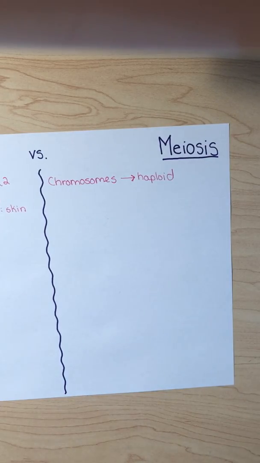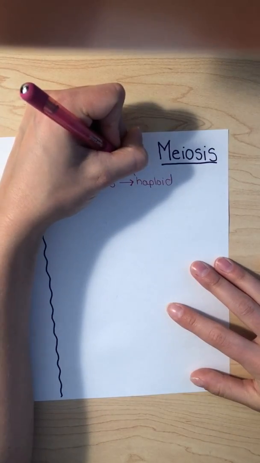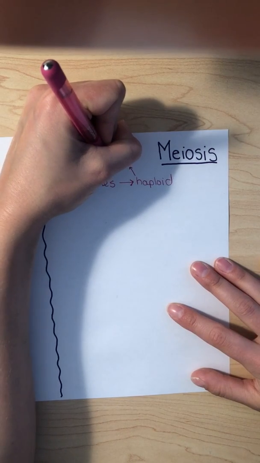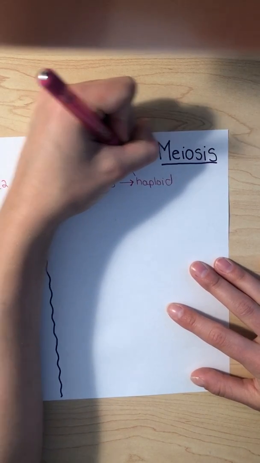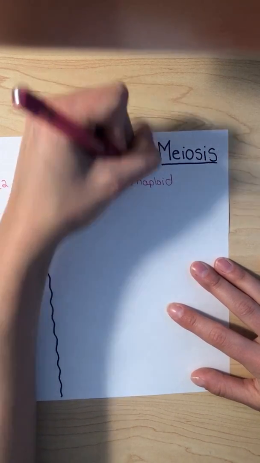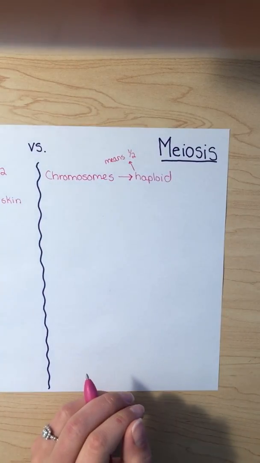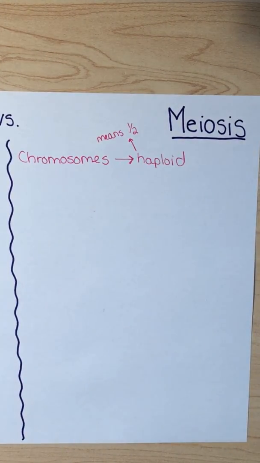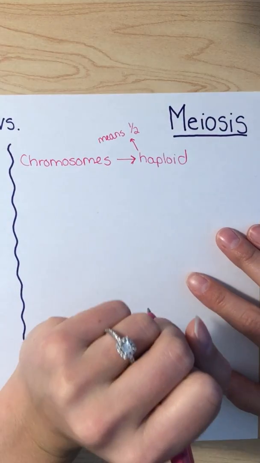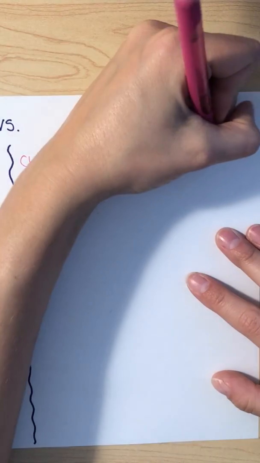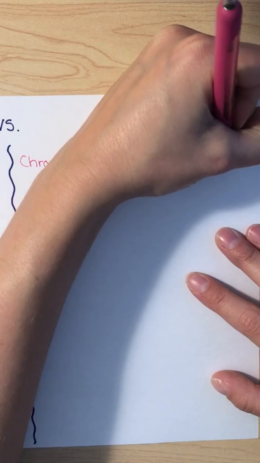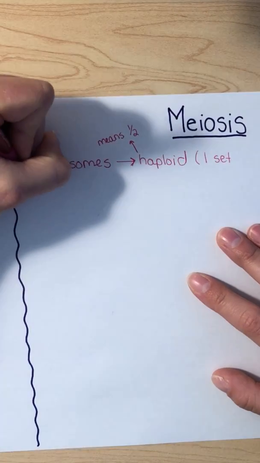So haploid means half. Okay, I'm gonna put that right here. Means half, all right? So that means that haploid cells only have one set of chromosomes.